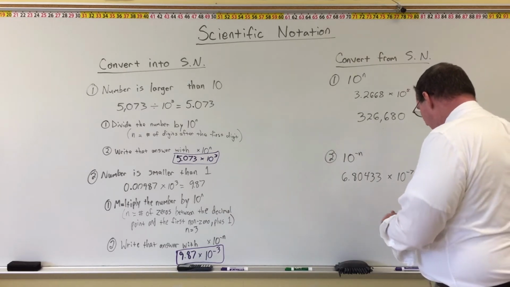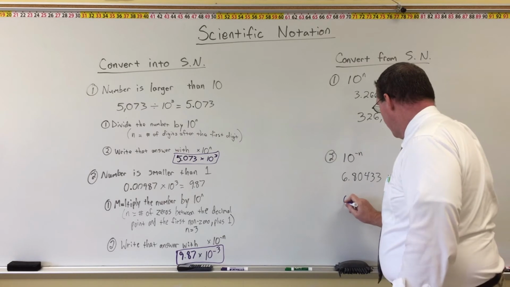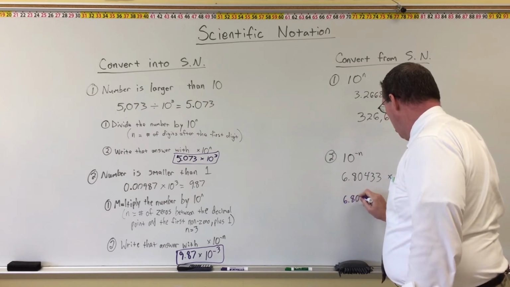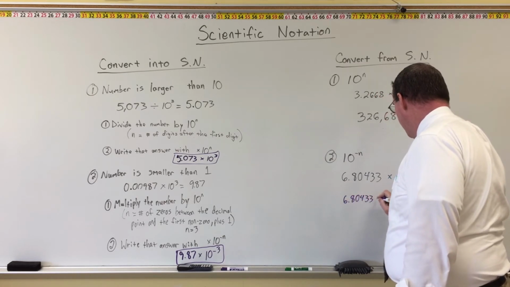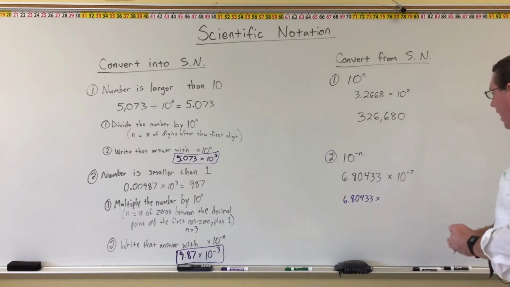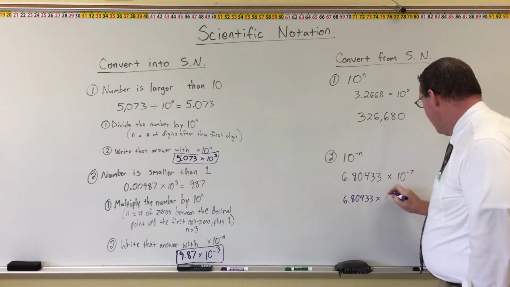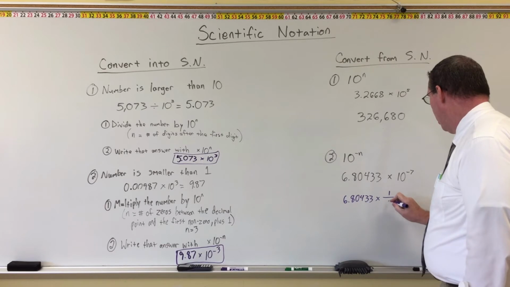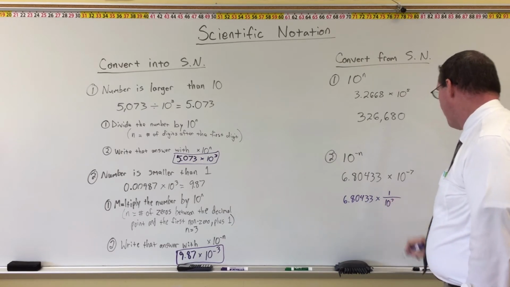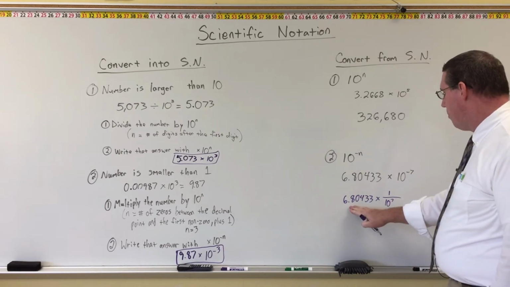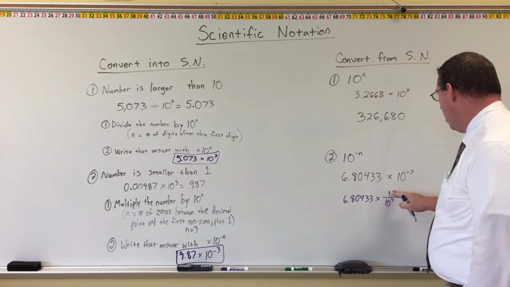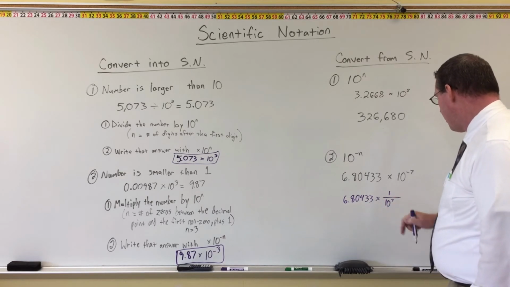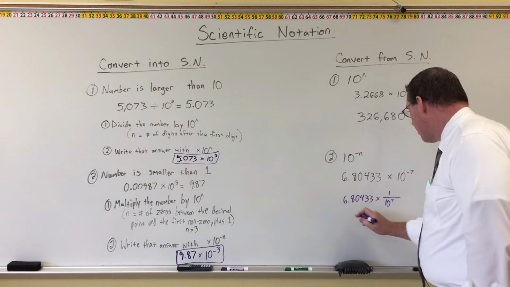What we're really looking at here is 6.80433 times, and now remember what 10 to the negative 7 power is. It's 1 over 10 to the positive 7 power. So we're doing 6.80433 times 1 over 10 to the 7th power.